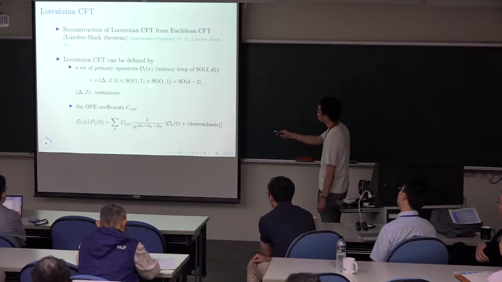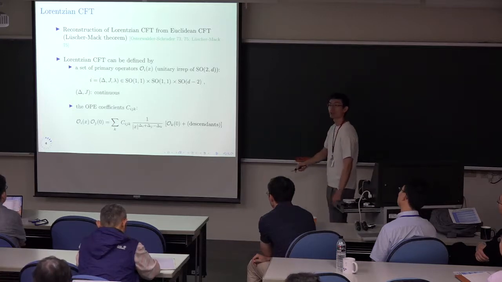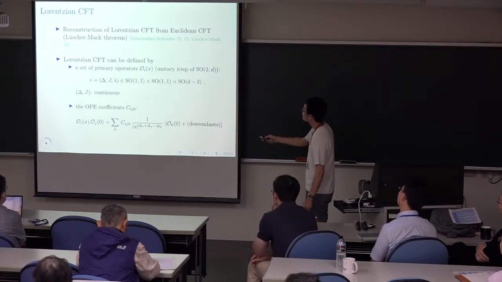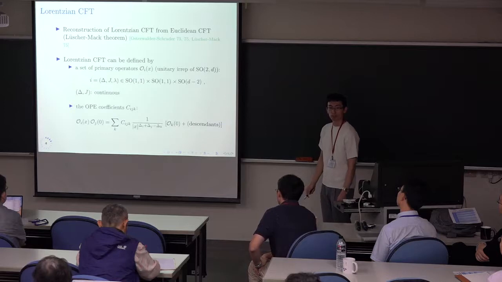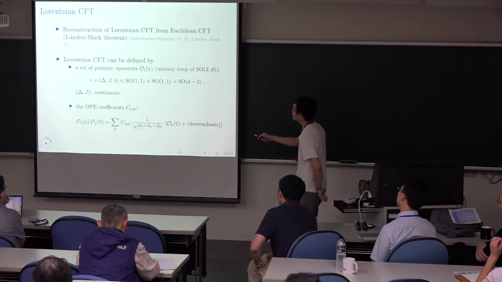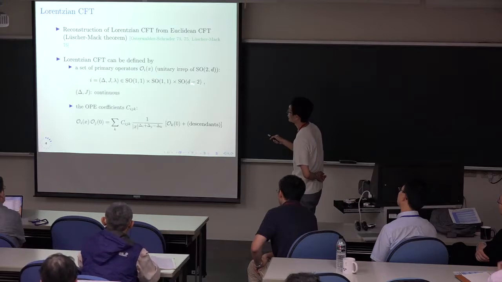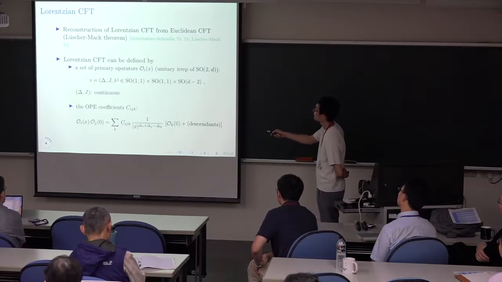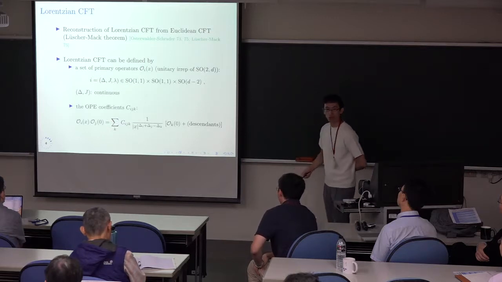But now in the Lorentzian case, the spin can be continuous as well, even if you focus on unitary representations. So that's a new feature. And λ is the representation for the rotation group, but I only focus on the scalar part, the trivial representation for λ, in my talk.